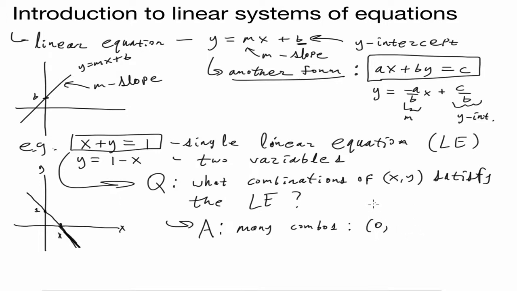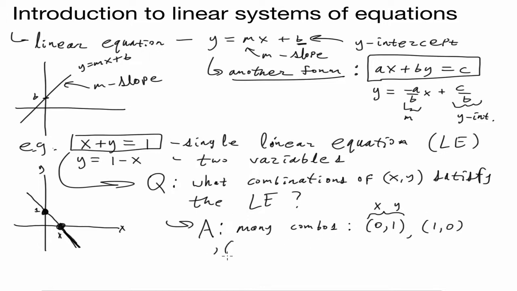If I put 0 for x, then y has to be 1. That is one such value, and we see that's that value right there. And there's another value, of course, at 1, 0, and that's that value right there.